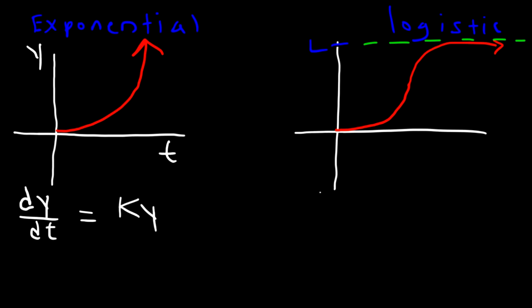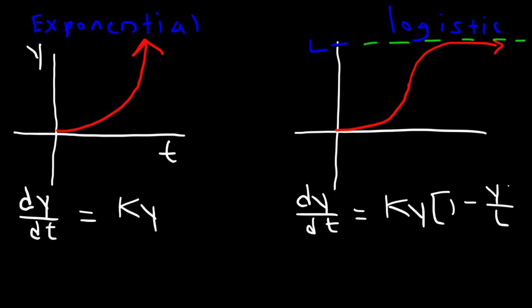Now for logistic growth, dy/dt is equal to ky times 1 minus y over L. Right now, I'm going to just give you the equations, and then later we can talk about what they mean. Actually, it might be wise to go over it now.